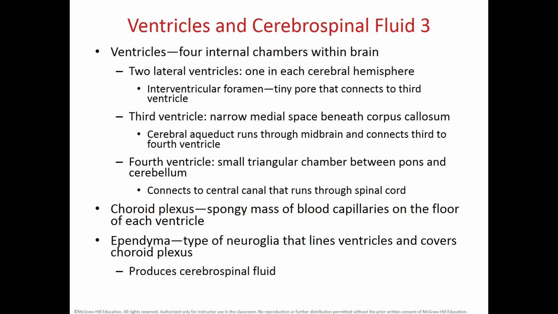The third ventricle, located just underneath the corpus callosum, connects to the fourth ventricle, which is in between the midbrain and the cerebellum, through the cerebral aqueduct. Then the fourth ventricle connects to the central canal that runs through the spinal cord.